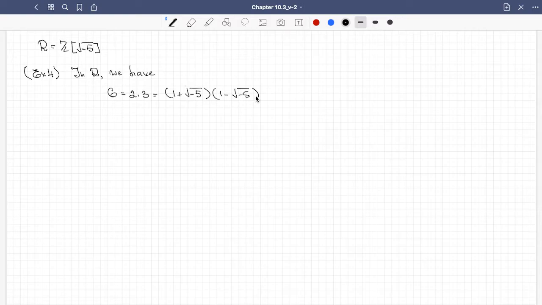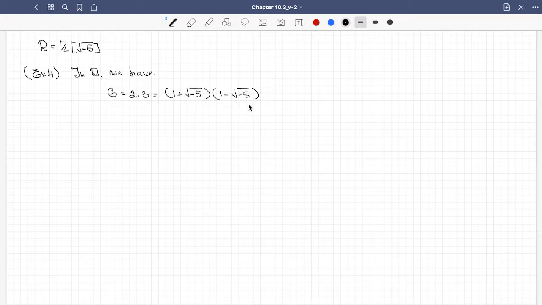We need now check that these are indeed two decompositions into products of irreducibles that are substantially different. That means that we want to check 2 and 3 and 1 plus minus root of -5 are all irreducibles, and 2 is not an associate to 1 plus or 1 minus root of -5. 3 is also not an associate of these two.